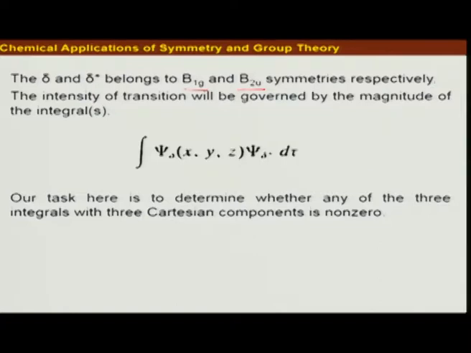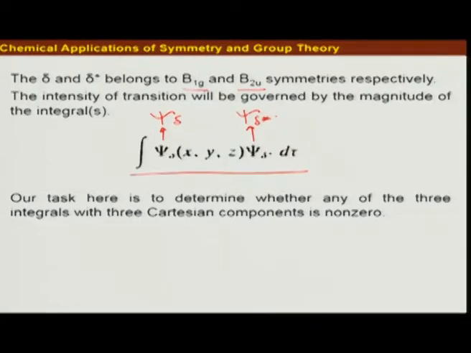Here again you notice that we are not bothered about the charge, because that is not going to alter the fate of the transition. So this one is psi delta, and this one is psi delta star.